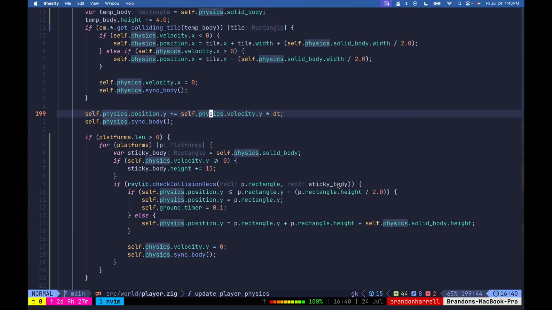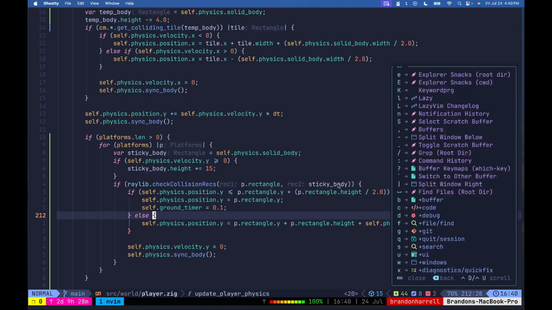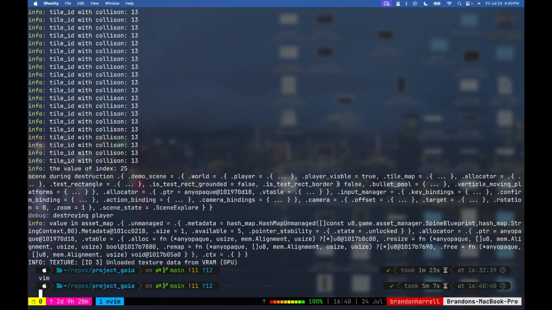I have to take a temp copy. So I iterate through my platforms. I take a temp copy of the body on the x-axis. So anytime he's on the platform, I check the collision, and then I extend his height, so that he's always seen to be in a grounded state. And I will demonstrate that again, because I know it doesn't make any sense, and you won't notice until you run into this problem.